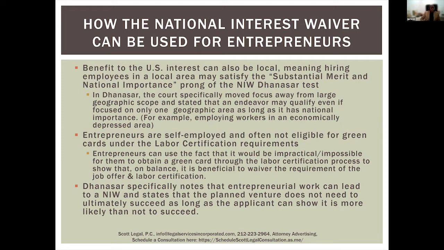But also, when we're looking at entrepreneurs, we do tend to make the argument that this prong is not even applicable, because entrepreneurs can't sponsor themselves for a green card. So we say that this particular prong isn't applicable. We include a number of things in this prong, but one of the key arguments that we make here is that prongs 1 and 2 are really the ones that are applicable.